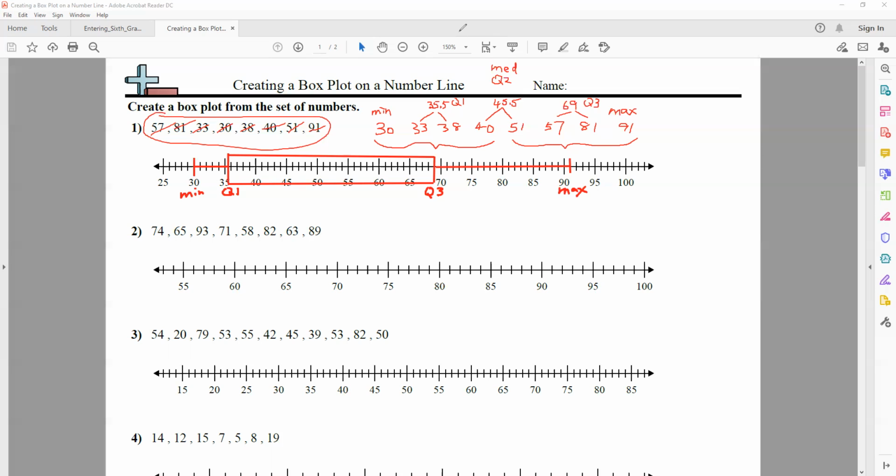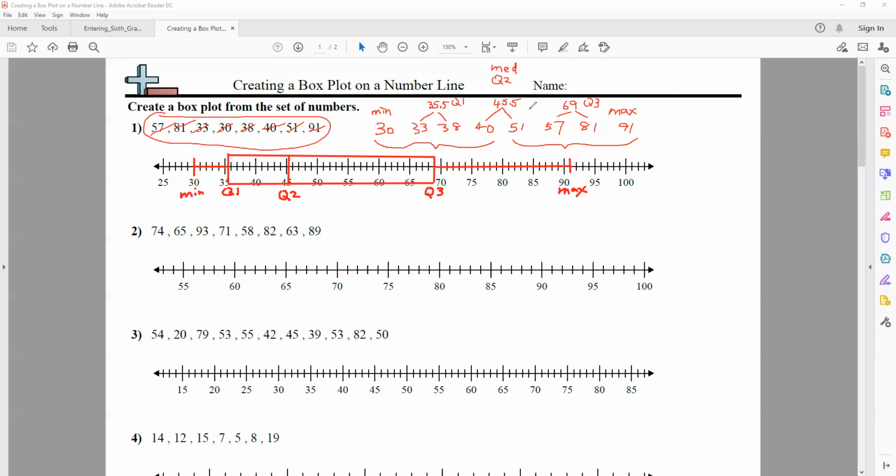That will be your Q2, the median. When you create a box plot, you use this to analyze things. So minimum is 30, maximum is 91, and then you have Q1, Q2, and Q3.